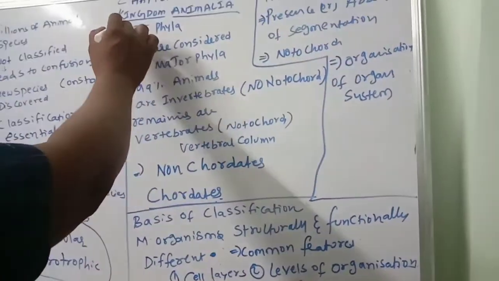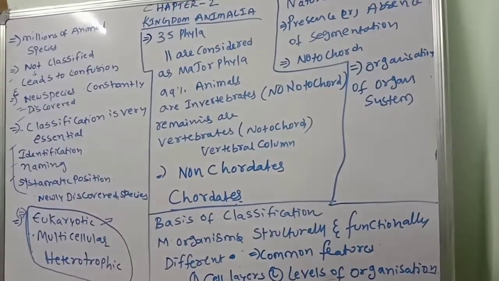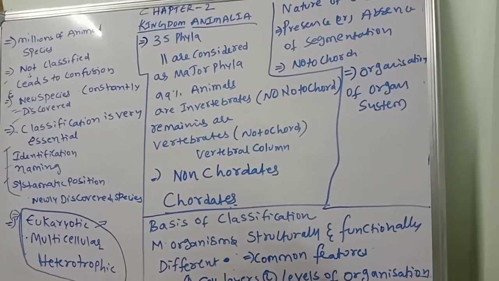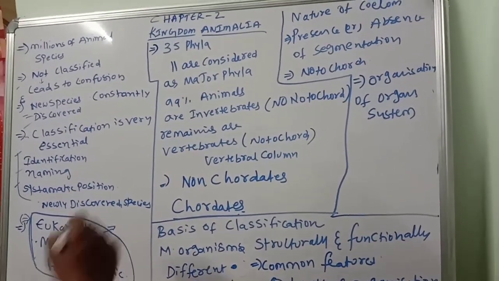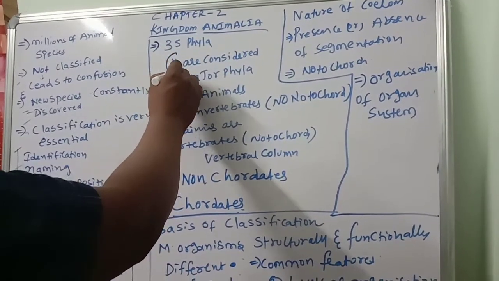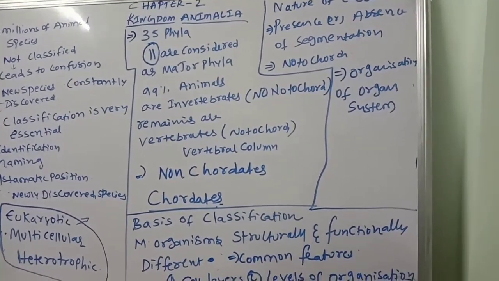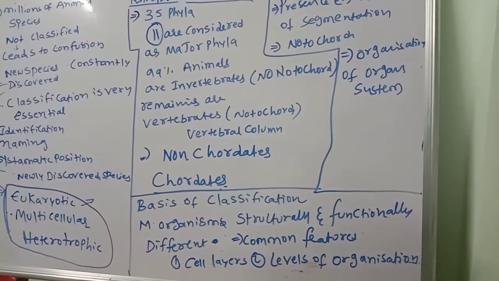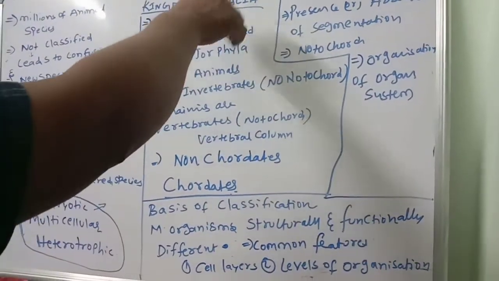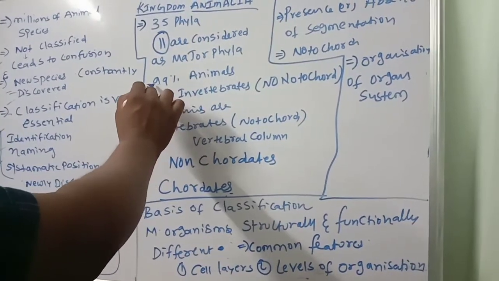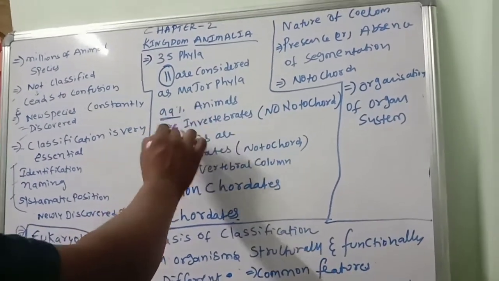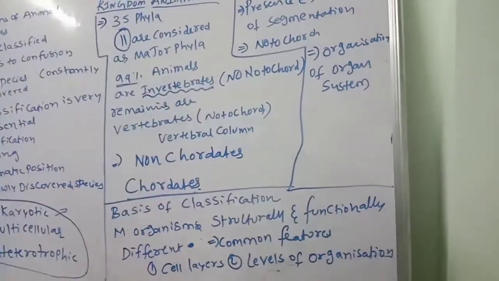There are generally 35 phyla, but fortunately only 11 are very important. Out of 35 phyla, only 11 are considered major phyla. In this whole percentage of animals, 99% are invertebrates.